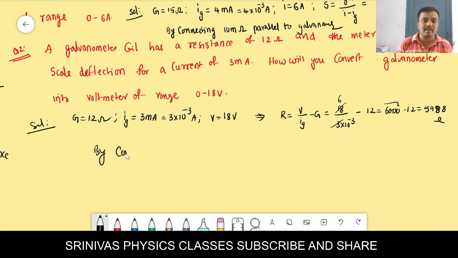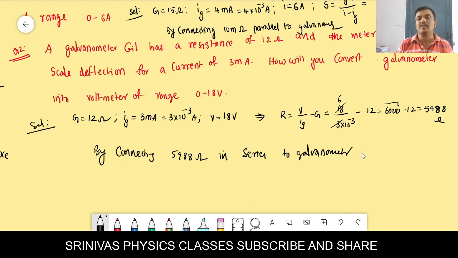By connecting 5988 ohms in series to the galvanometer, we convert the galvanometer into a voltmeter. Completed.